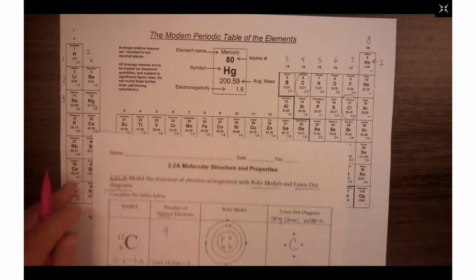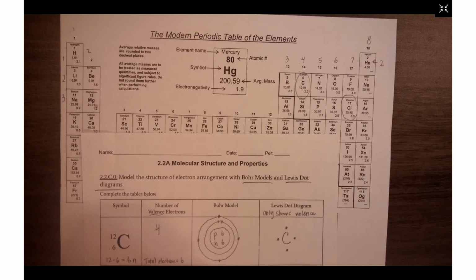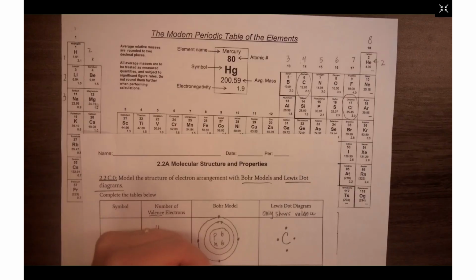So now I'm up to 10 electrons, but I need 17. That means I need 7 more: 1, 2, 3, 4, 5, 6, 7. 7 valence electrons in that outer shell.